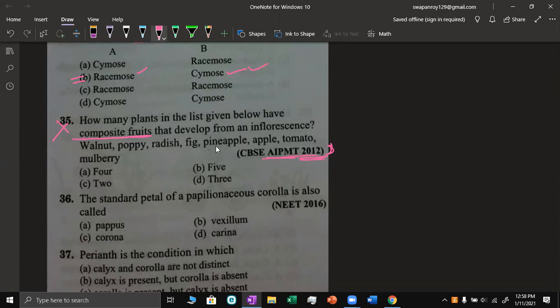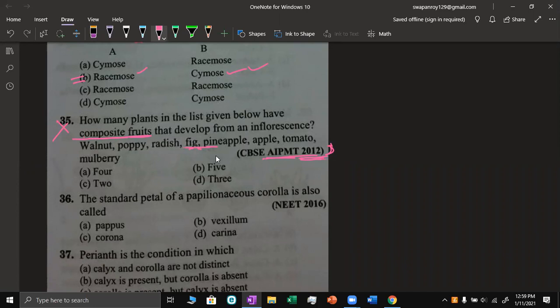Here the composite fruits are pineapple and fig. Composite fruits are those where one fruit develops from many flowers, that is, one inflorescence converts into a fruit. In pineapple, the entire inflorescence is one fruit.